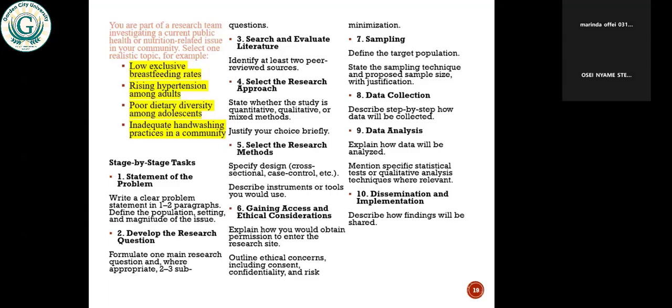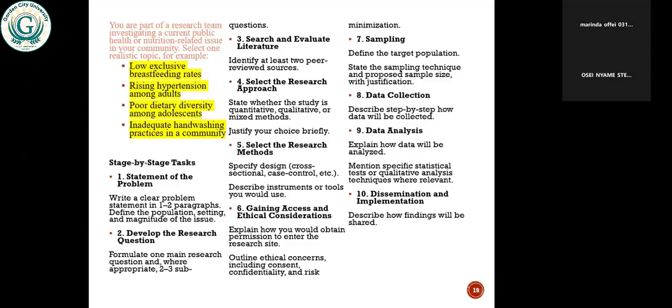So when you are writing the problem statement, you first start with a broad issue. What is the issue generally? You briefly describe the general situation using evidence. Then the second is you now have to narrow it and specify the exact gap or the inconsistency that exists in that problem. Again, what was your problem earlier on?